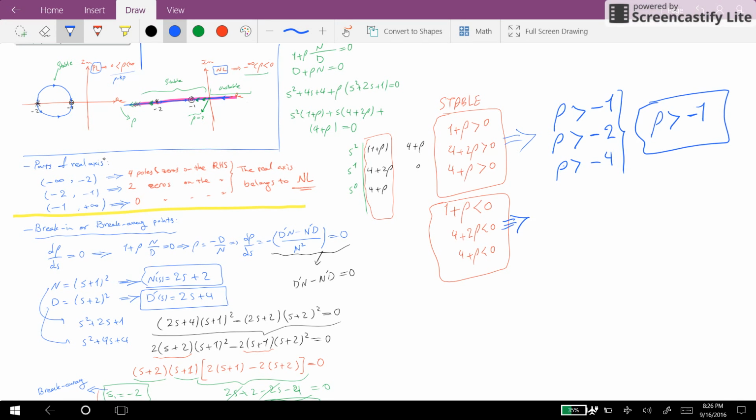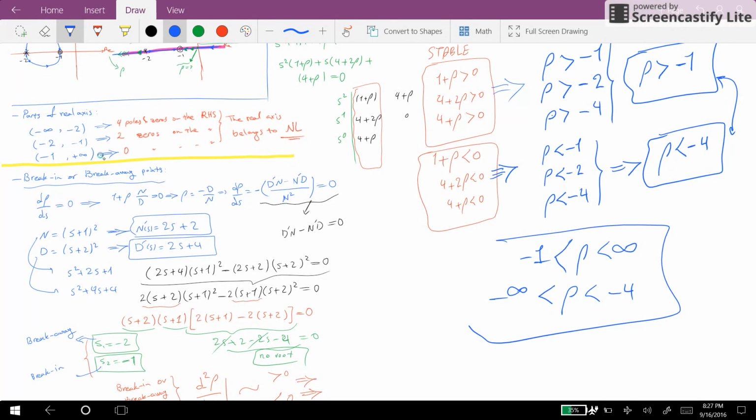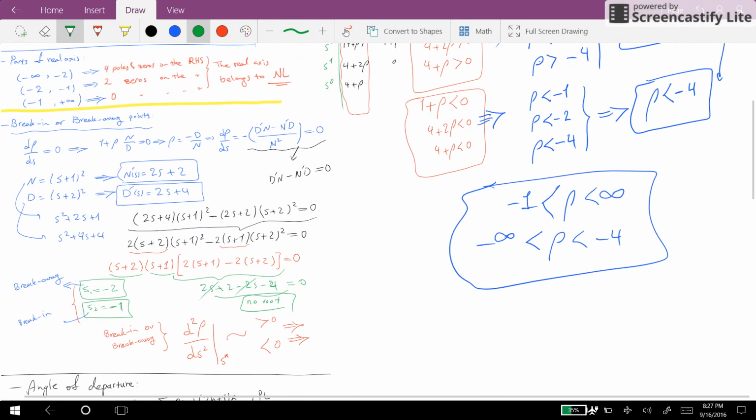From the other side, rho is smaller than minus 1, rho is smaller than minus 2, and rho is smaller than minus 4. Combining them, if rho is smaller than minus 4, our system is stable. Both of them are true. So we have rho between minus 1 and infinity, and rho between minus 4 and minus infinity. This is the range for which our system is BIBO stable.